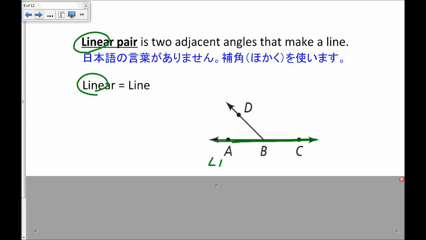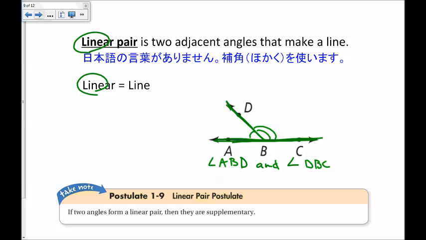So angle ABD, this angle, and angle DBC, this angle, are a linear pair because they make a line. Now, one thing you should know is that if two angles form a linear pair, then they must be supplementary. Their angles must add up to be 180 degrees.